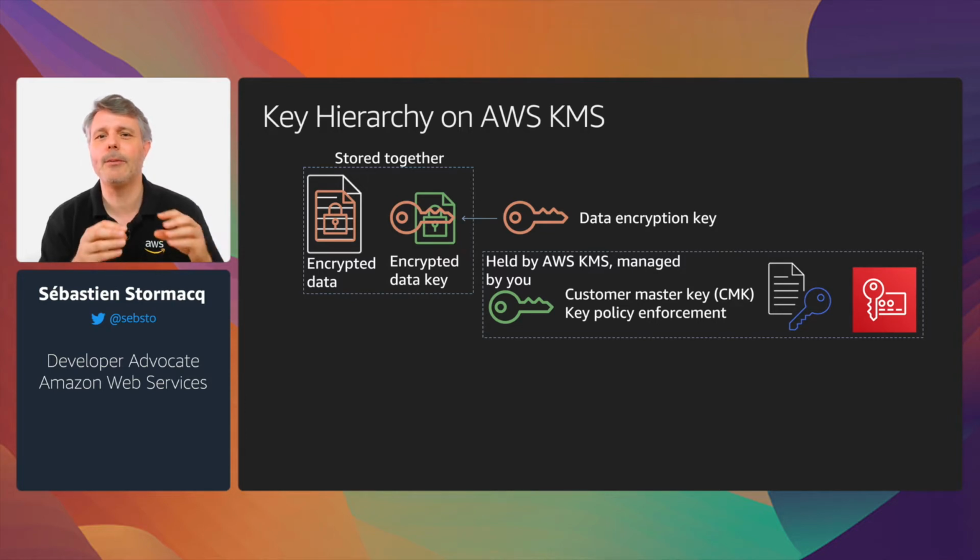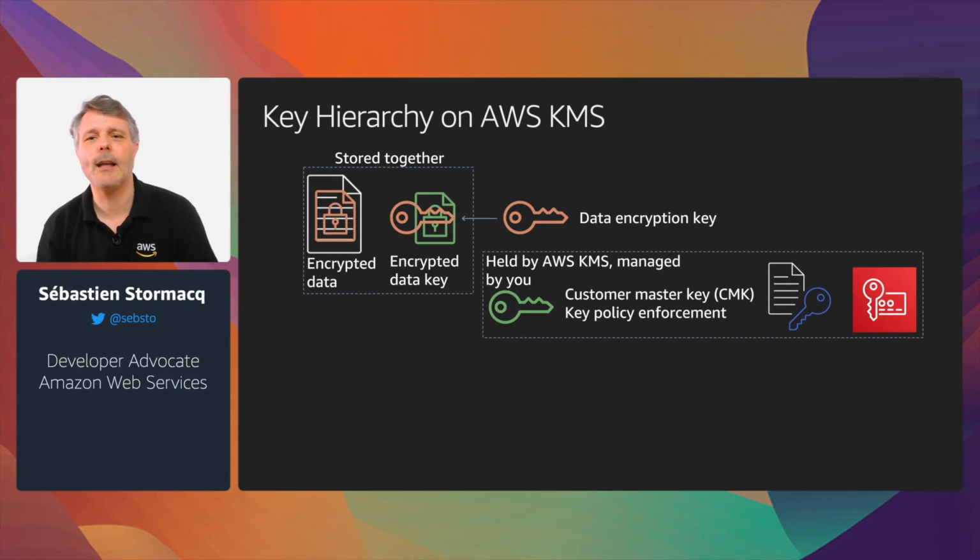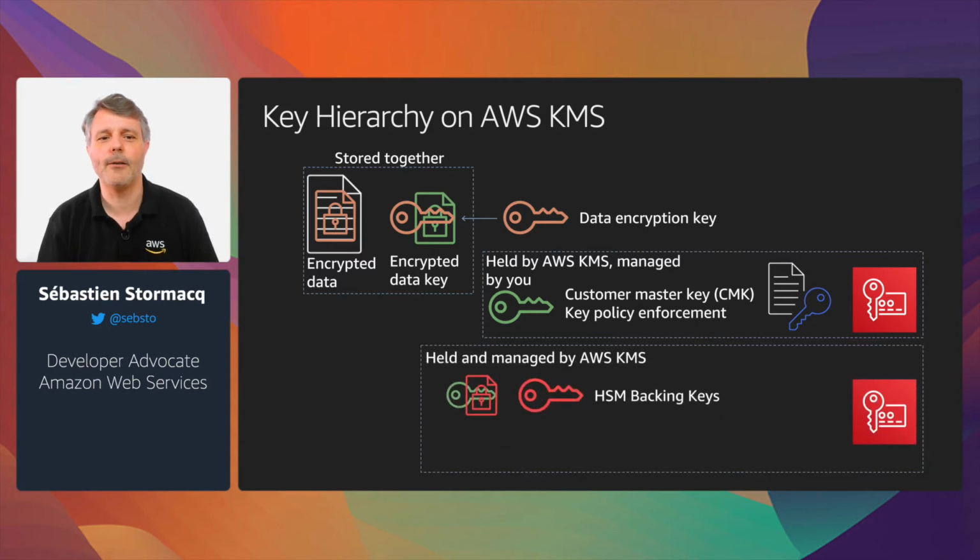So that way you keep centralized control on who is using your keys and an audit on who is using your keys. And of course, you can have multiple customer master keys per application, per domain. It's up to you to decide. And each AWS service that is integrated with KMS will manage its own customer master key. So there will be a master key for EBS in that region, for S3, and for many others.